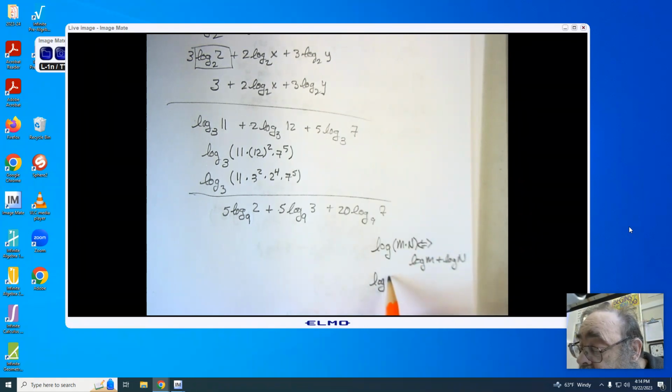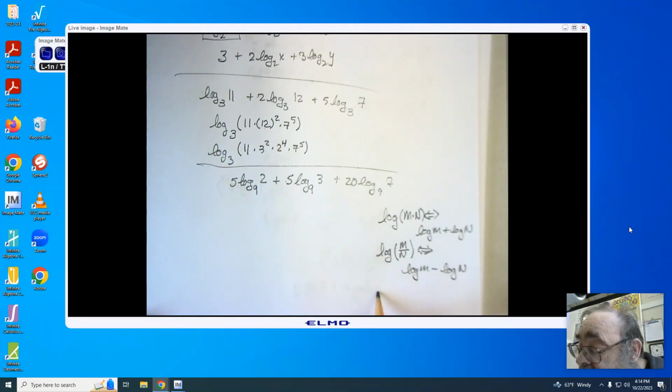Fractions represent minus, so m divided by n is going to be log of m minus log of n. And then when we have powers outside, let's do m to the n power, this then would be n times log base 10 of m. Now, going backward is the same idea.